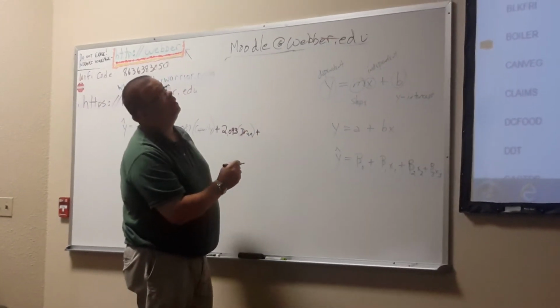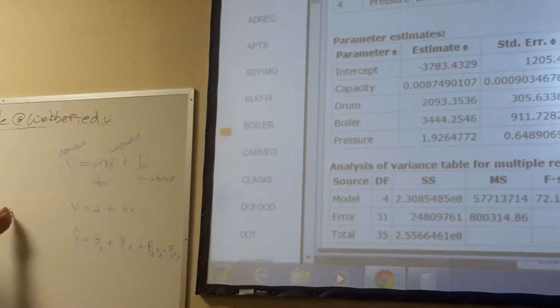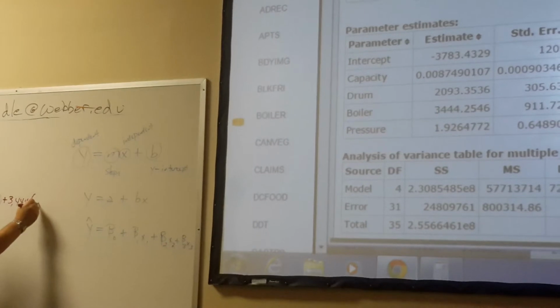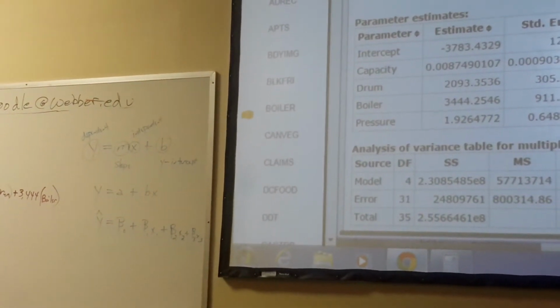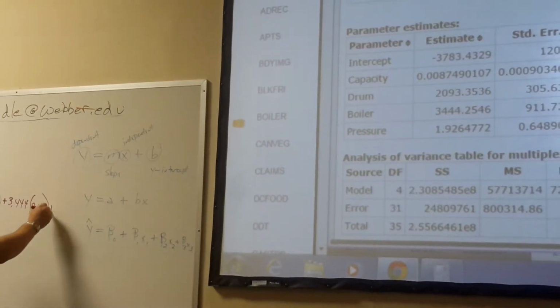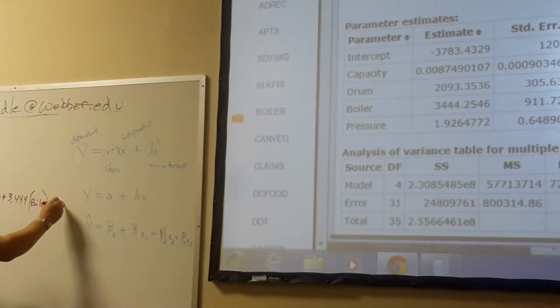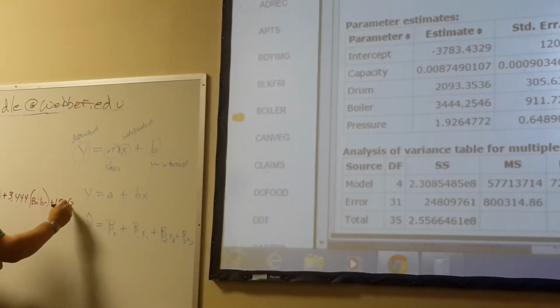Similarly with our boiler, we have an estimate of 3,444 times boiler. So if the boiler comes in as a 1 type, it adds 3,000 plus hours to the job, plus 1.93 hours times the pressure.